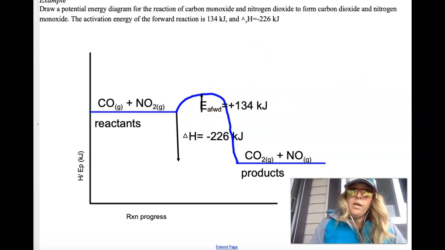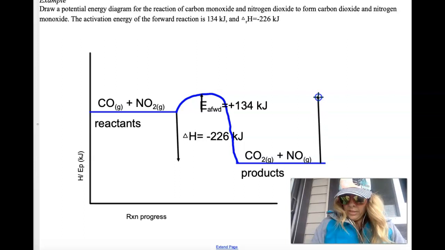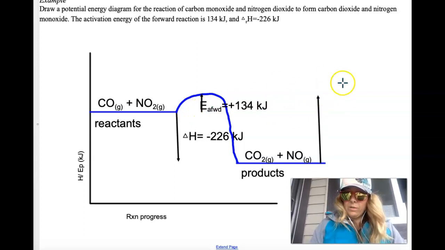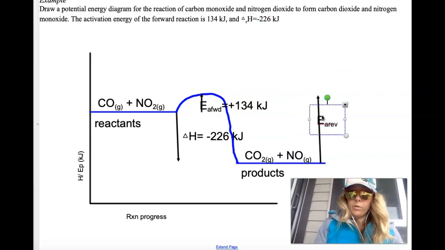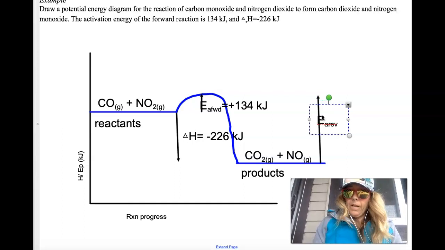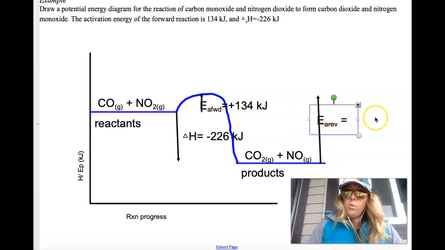Okay, so other thing we need to add is what's the EA of the reverse? So the EA of the reverse is going to go from the product line to the top of the hill. I think that about lines up at the top of the hill. And then next to this, we are going to write EA of the reverse. So this one we have to figure out what it is.